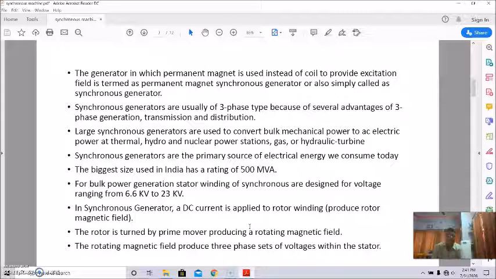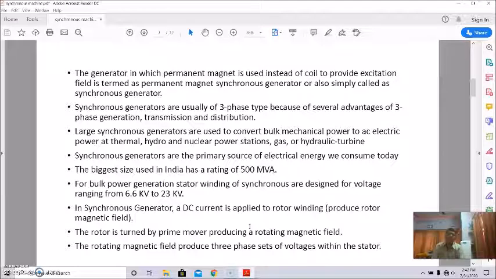So EMF will be induced in the rotating conductor. The magnetic field can be generated by a permanent magnet or by an electromagnet. So the generator in which a permanent magnet is used instead of a coil to provide the excitation field is termed a permanent magnet synchronous generator, or simply a synchronous generator.